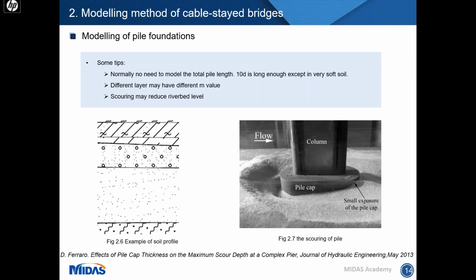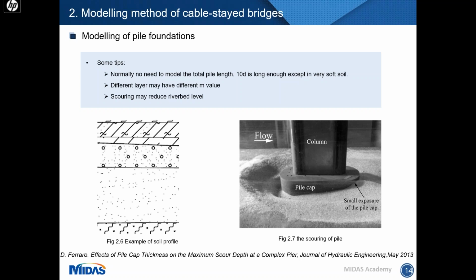Some tips. First, normally, although the total pile length may be very long, we don't need to model the total length because the deformation happens only on the top part of the pile. So normally 10D, where D is the pile diameter, is enough, except in very soft soil. Second, be aware that different soil types might have different moduli.